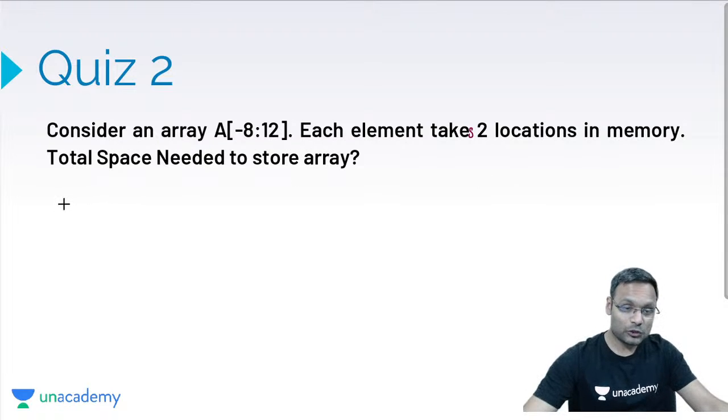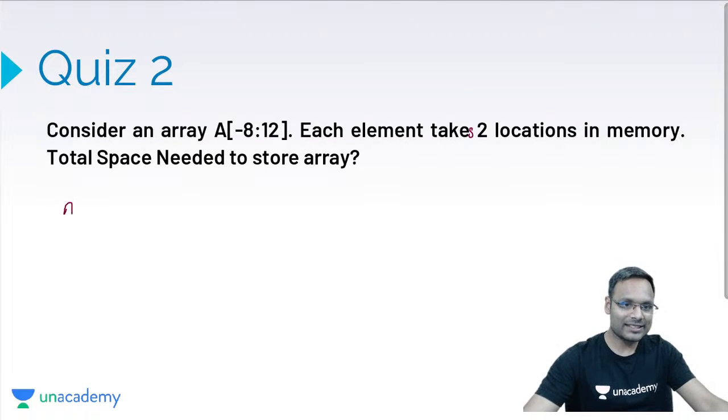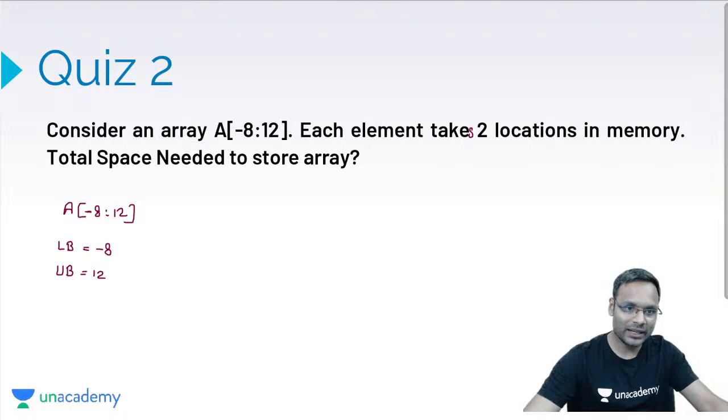Okay, so answer. First of all, how many total elements are there in the array? So if array is given minus 8 to 12, of course lower bound is minus 8. Upper bound is 12. Total number of elements, how many total number of elements will be there? The size of the array is equal to upper bound minus lower bound, lower bound is minus 8, plus 1. 21 elements. Each element takes 2 locations.